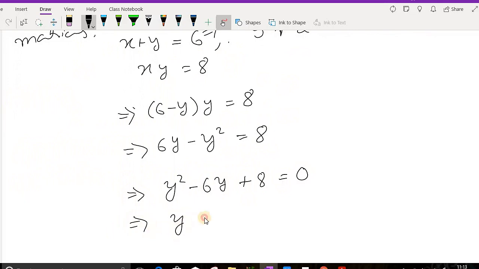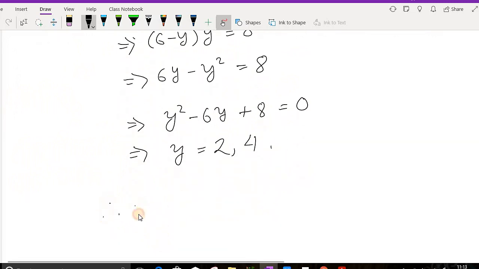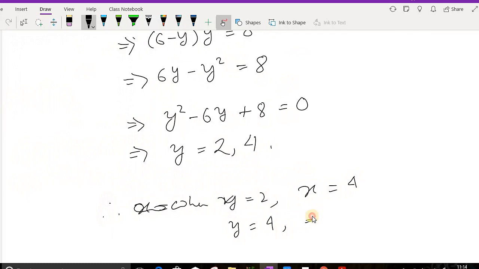What you will get? y equal to 2 and 4, I think. Yes or no? Therefore, when y is equal to 2, x equal to 4, and when y is equal to 4, x equal to 2.